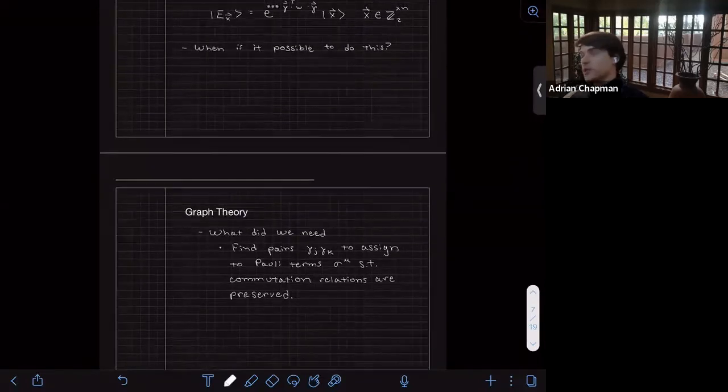And what are those commutation relations? Operators gamma j and gamma k only commute or anti-commute.